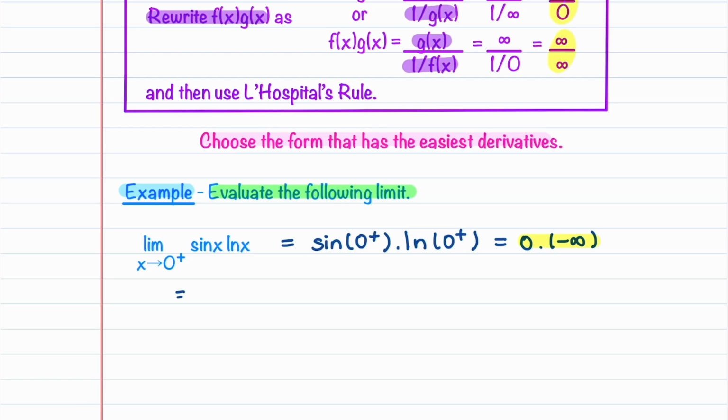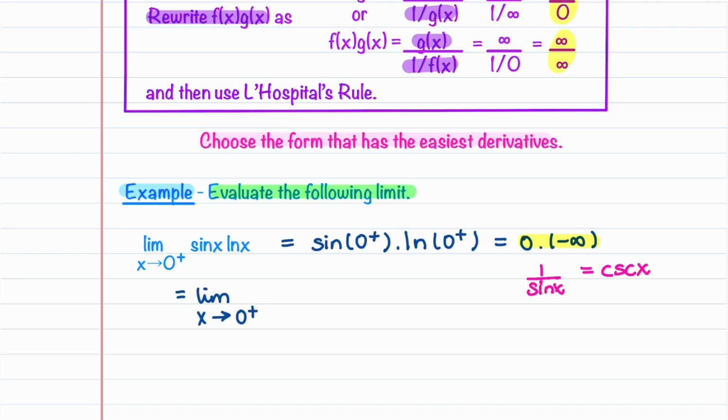We're going to write this as the limit as x approaches 0 from the right. Now we have to decide, do we want to put 1 over sine x in the denominator or 1 over natural log x? 1 over sine x, let me go ahead and write this over here. 1 over sine x is cosecant x.